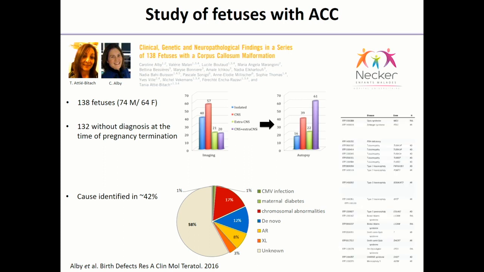And all diagnoses except one were made in associated or complex ACC, and you can see, I hope you can see, because it's very small here, that there is a high frequency of tubulinopathies, or mutations in the tubulin-encoding genes.